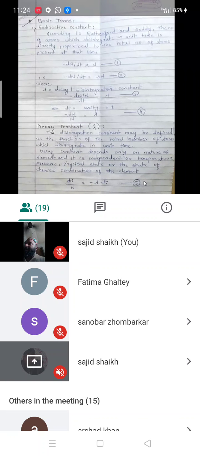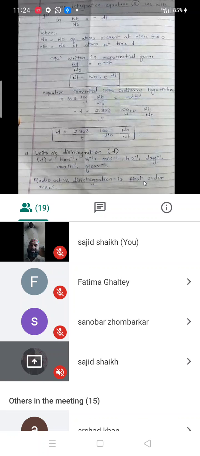That is, minus dN upon dt is directly proportional to N, that is dN by dt is equal to lambda N, where lambda is the decay or disintegration constant. Please note this factor, we already saw it in the last lecture. Then we saw the derivation: lambda is given by 2.303 by t into log to the base 10 N0 by Nt.